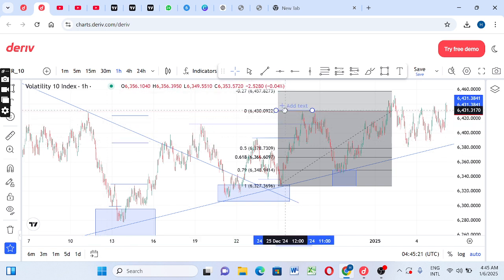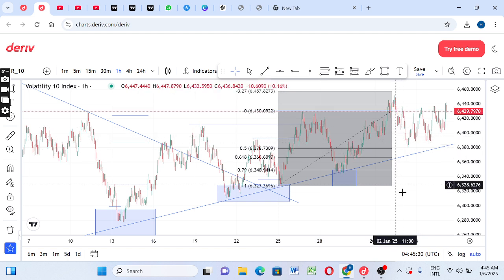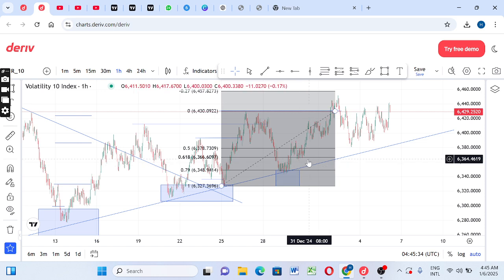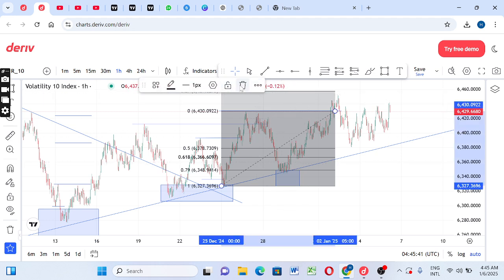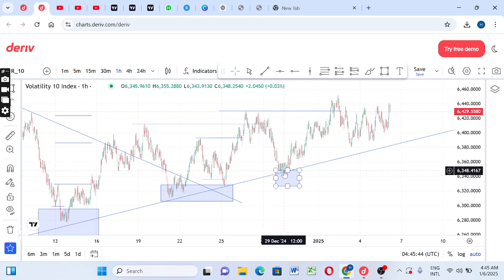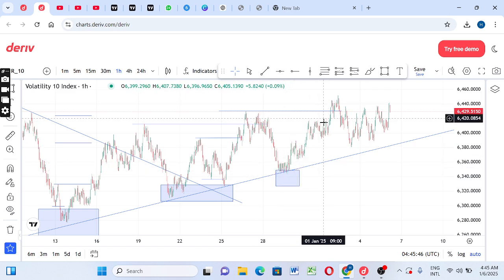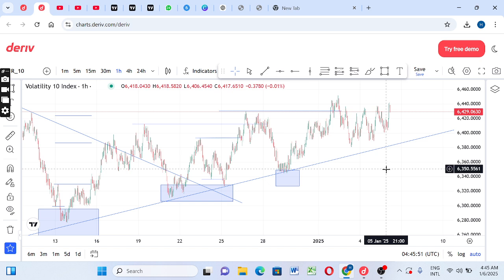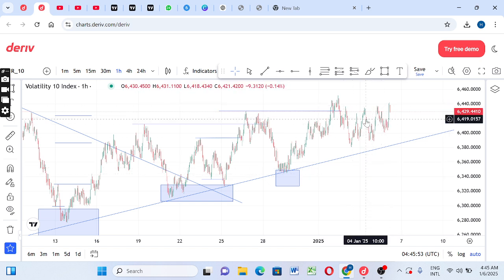Okay, so I'll pick that too, we drag it across, and we get something of this nature. Yeah, so after price got to do this, it gave a rally from this point to this point. Now we would anticipate that price also still gives us that kind of market reaction.